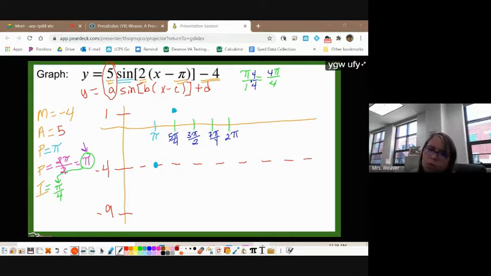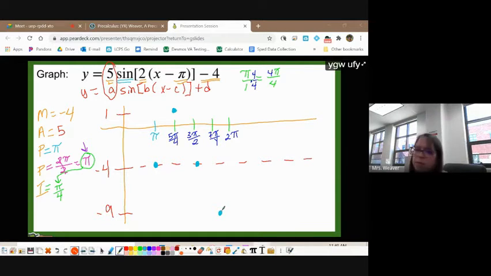Once we're at the maximum, there's only one place you can go, and that's back to the what? Minimum? So it can't jump straight to the minimum. It's got to pass through the midline before it gets to the minimum. So our next place is going to be back to the midline, and then it will drop down to the minimum.